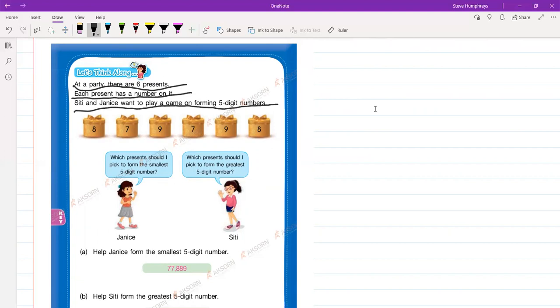Okay, well, she's not going to use one of the 9s, so she'll use the other 5 numbers. Okay, because 9 is one of the larger numbers.